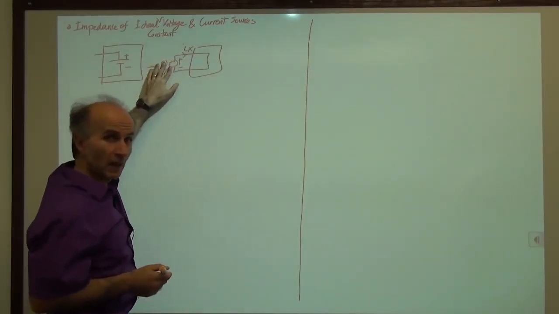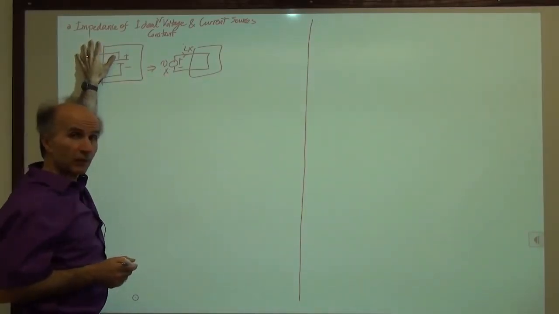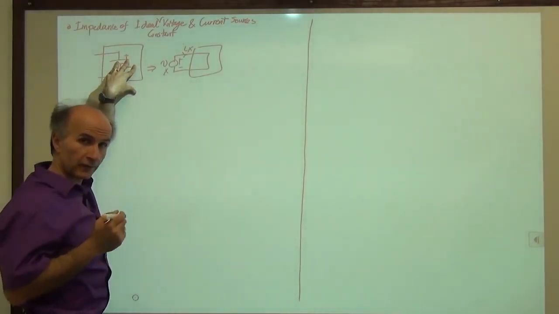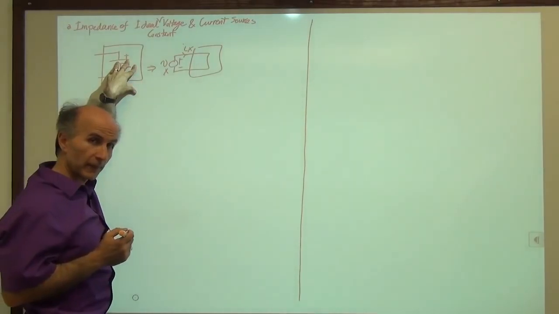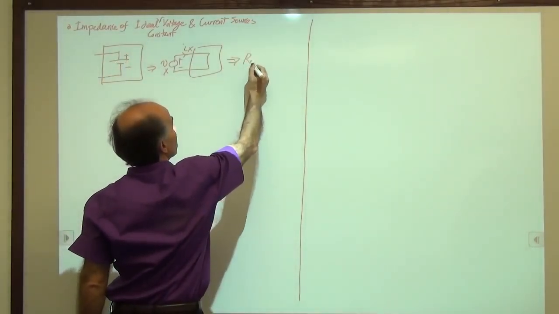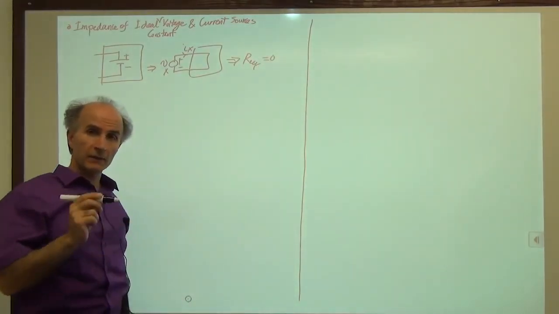So that means that the small signal impedance of an ideal constant voltage source is a short circuit, is 0. All right, so we say R equivalent is 0 for an ideal constant voltage source.